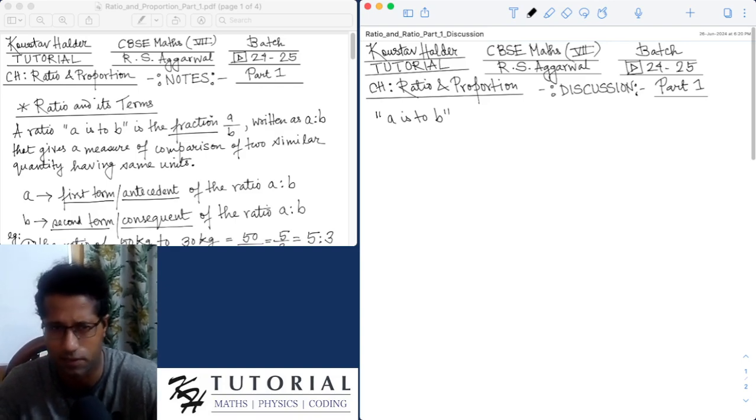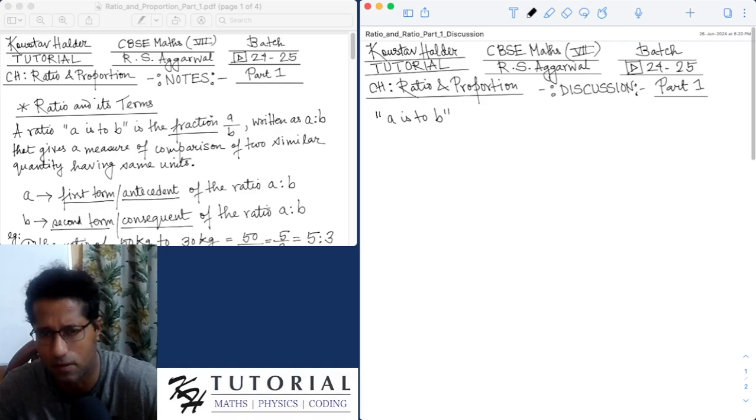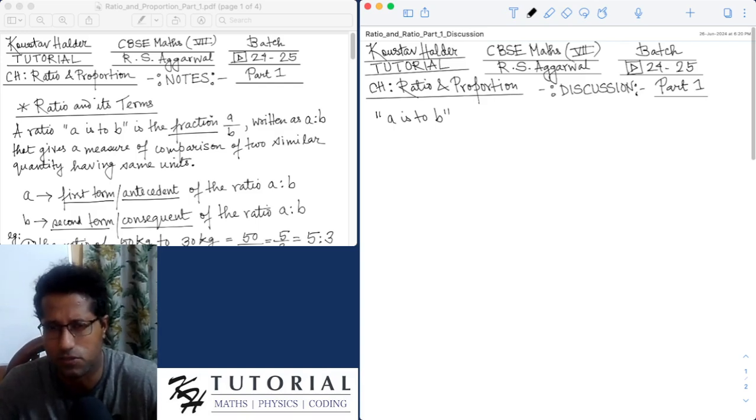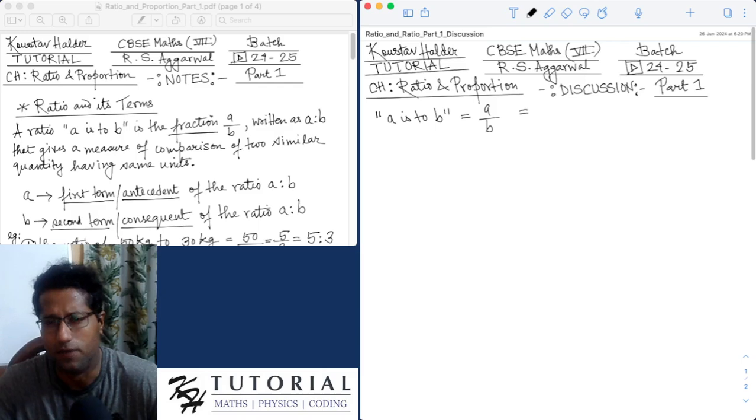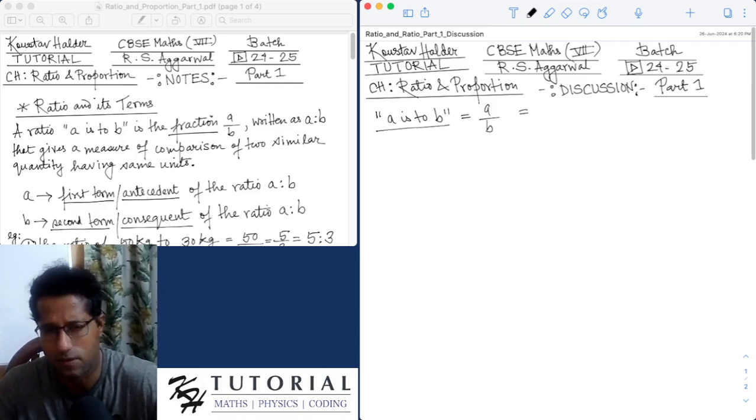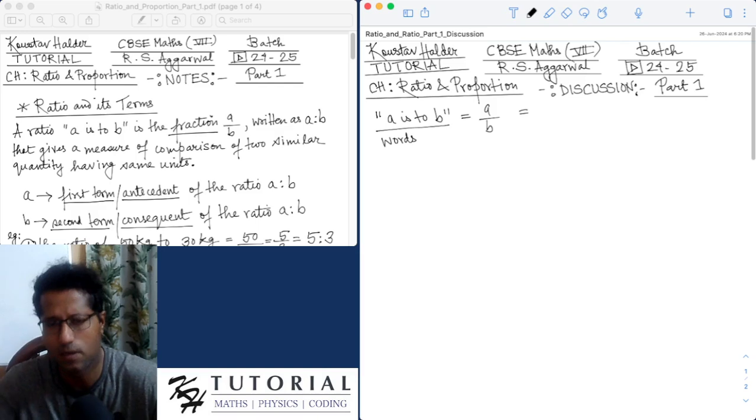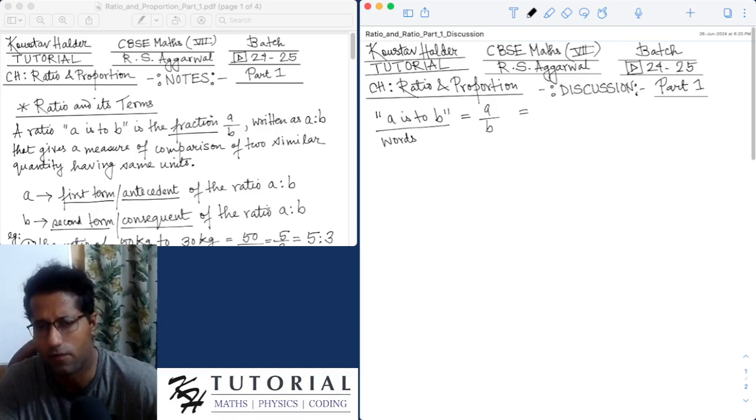Now mathematically, the value of the ratio is equal to A by B, and it should be a fraction. The ratio A is to B is in words, meaning the ratio of A and B.